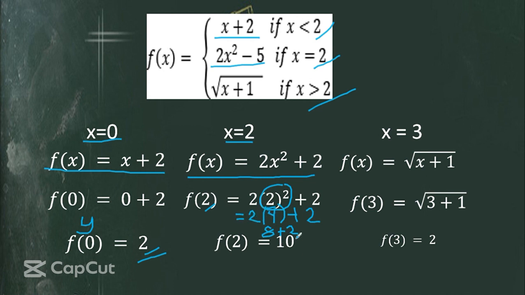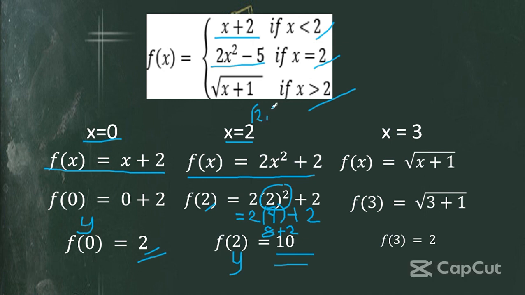So, 8 plus 2 equal to 10. This is why our y, or f of 2, is equal to 10. So, ordered pair, when 2 is the value of our x, we have 10 as our range, or the value of y.